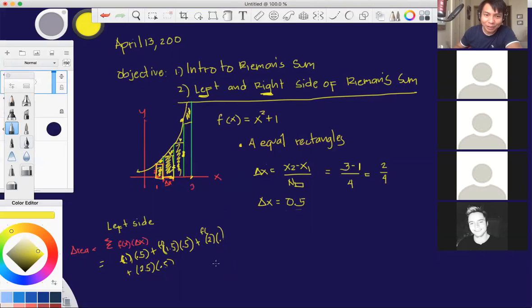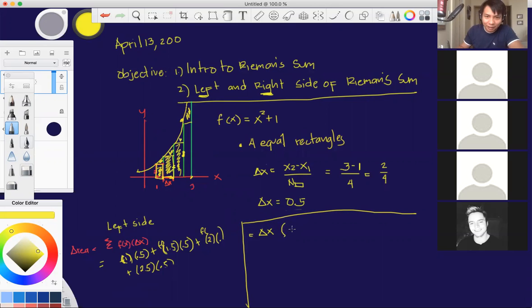So what that means is, since I don't have enough space, can we do it here? Okay. So let's take a look at first. Let me just write it again, guys. Again, I'm factoring out my delta x.